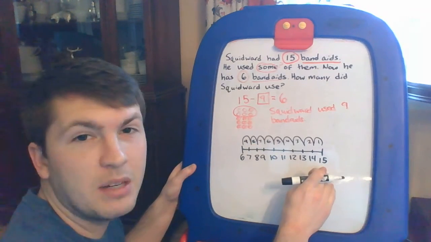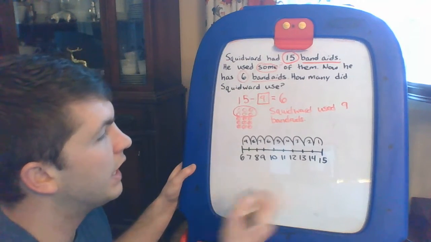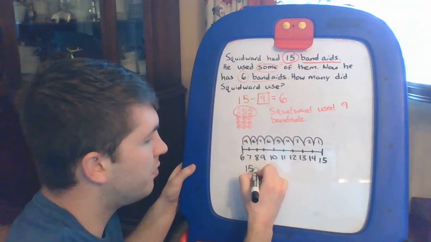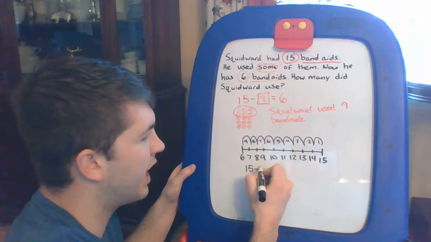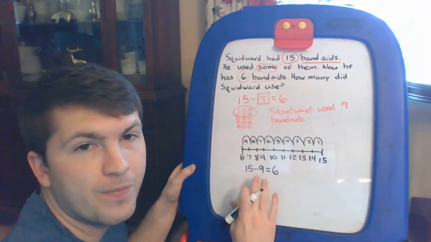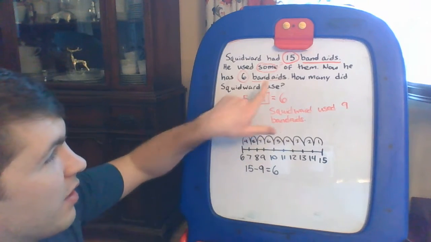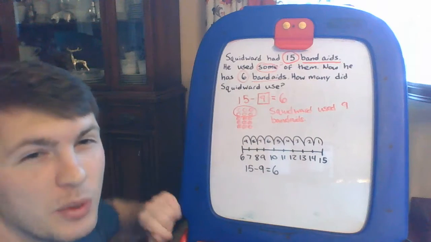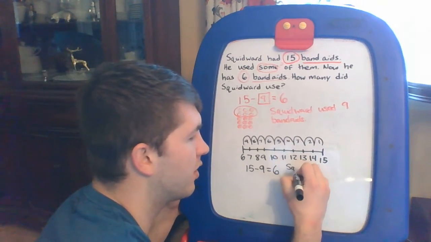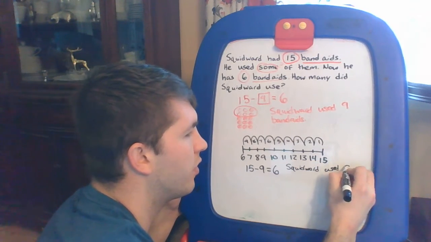To get from 15 band-aids to 6 band-aids, he lost 9 band-aids. So 15 minus that 9 band-aids, we hop back, gives me a total of 6. Okay, that's another way to do it. I still want to answer this question, how many did Squidward use? So I could write, just like I did up here, that Squidward used 9 band-aids.